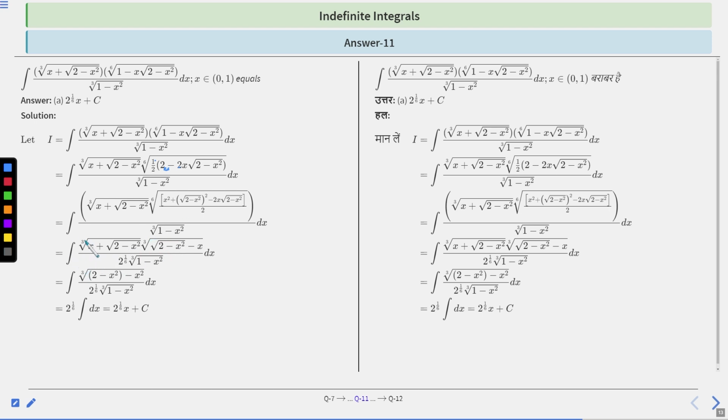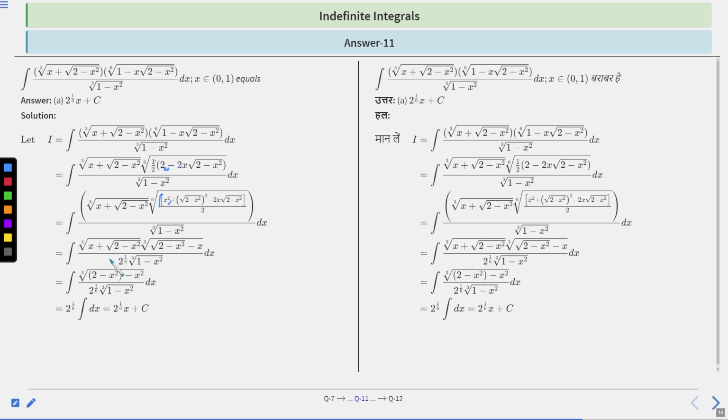Now, it can be written as cube root of x plus root over 2 minus x square cube. Now see, it is basically a square plus b square minus 2ab, so it can be written as a minus b whole square. So sixth root will become cube root, because inside this equation it will become root over 2 minus x square minus x whole square and to the power sixth root.